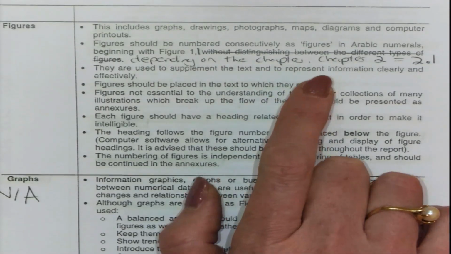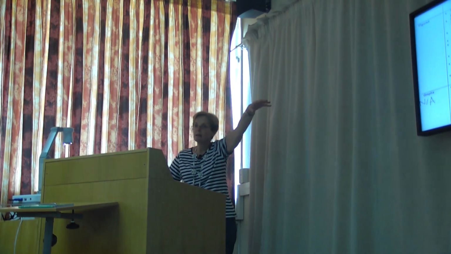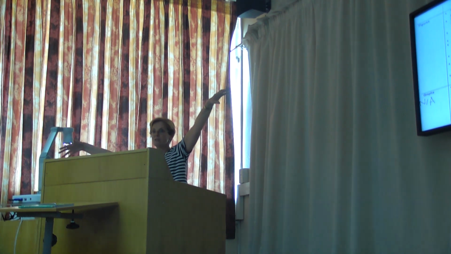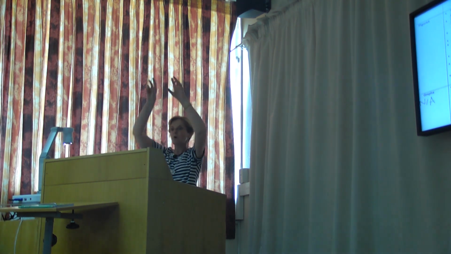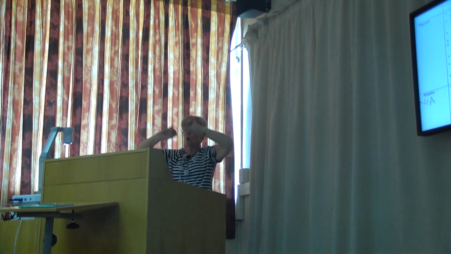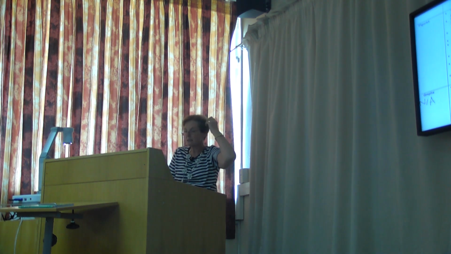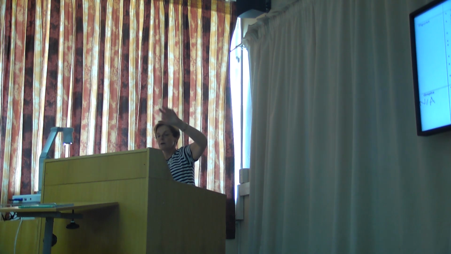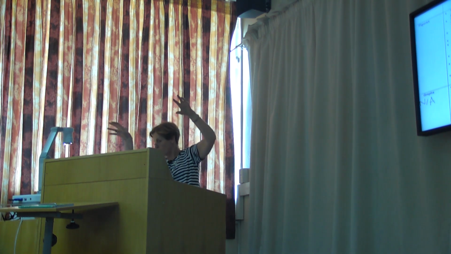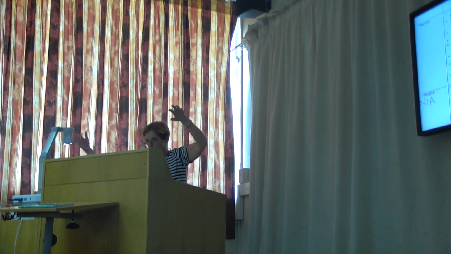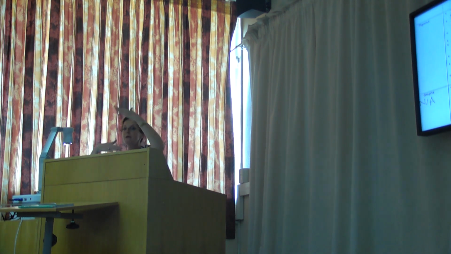So don't put the figure in the beginning and then talk about it 5 pages later. No. You can talk about the figure and then put the figure, or you can put the figure and talk about it. I don't want to see you talk about Figure 1.1 and then I have to go and look for it. It needs to be preferably on the same page, or on the next page or the previous page. Okay. No further away than that.